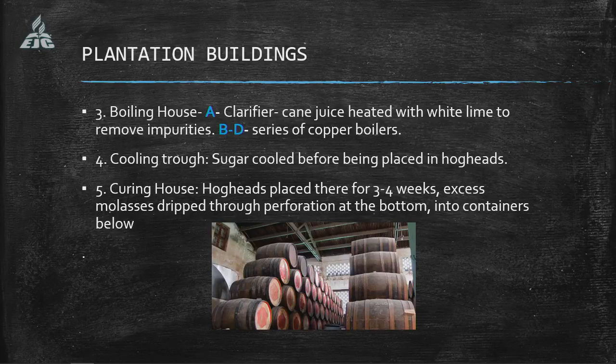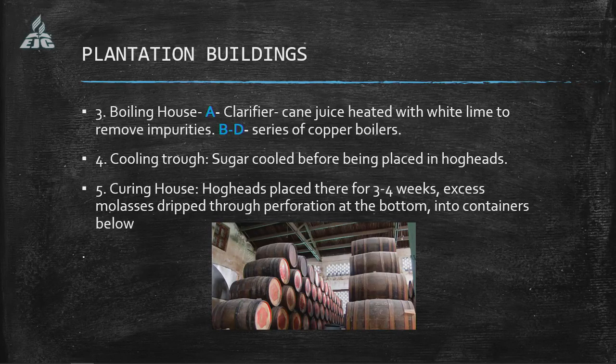And this molasses would be sent to the distillery along with the skimmings that came from the sugar juice to be distilled and to help to make rum for export.